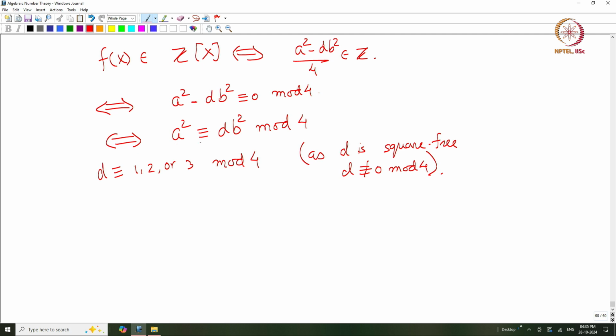In any case I want to understand what this is, and so this congruence has a solution for any a and b. So, anyway, let me continue.